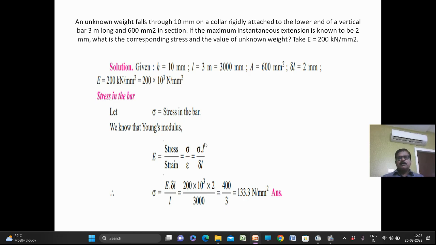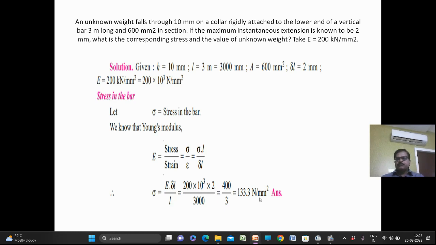First let us write the Young's modulus, that is stress by strain, and in terms of stress and the change in length delta L, that is stress into L by delta L, and we rewrite this as stress sigma equal to E, that is Young's modulus, into delta L divided by L. So here the Young's modulus is 200 into 10 to the power of 3, delta L is 2 mm and the length of the bar is 3000 mm.